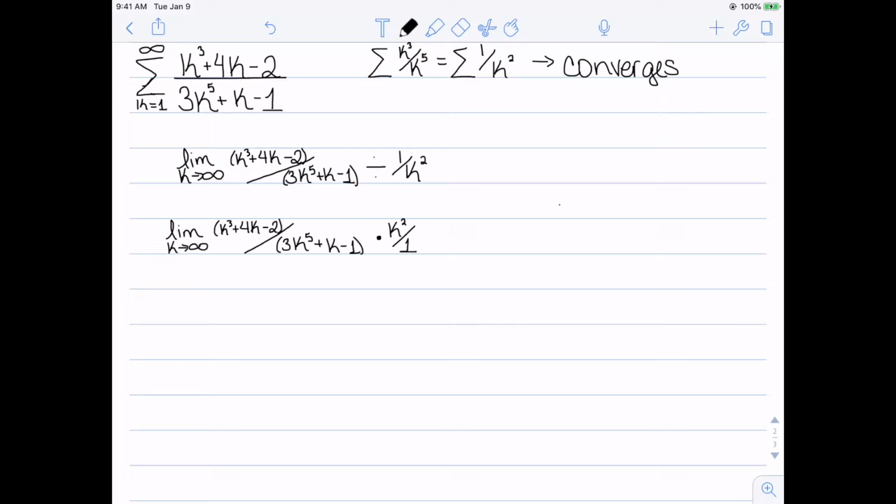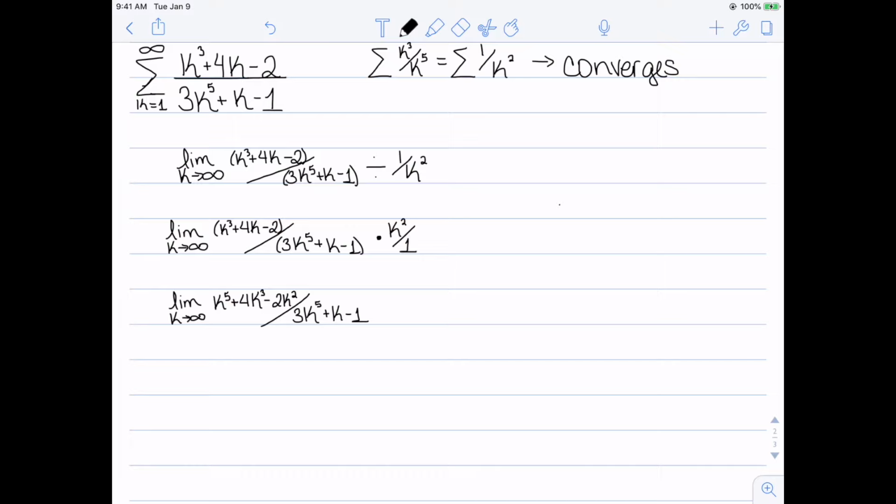So it's the same thing as multiplying by k squared over 1. Once we multiply that out, we get the limit as k goes to infinity of k to the fifth plus 4k cubed minus 2k squared, all divided by 3k to the fifth plus k minus 1.